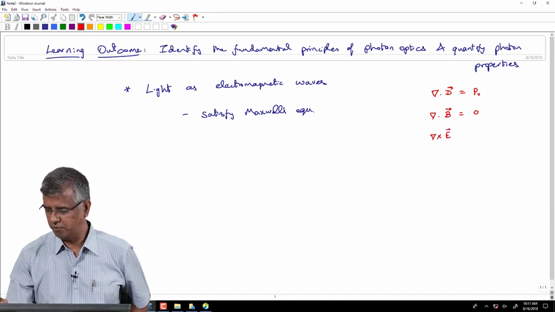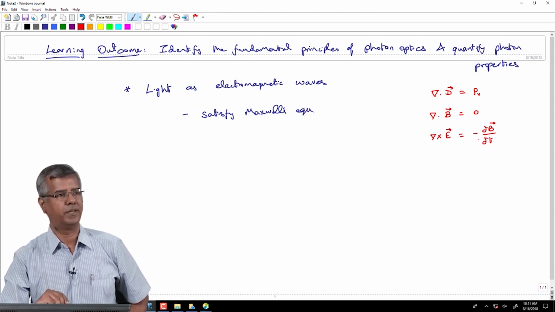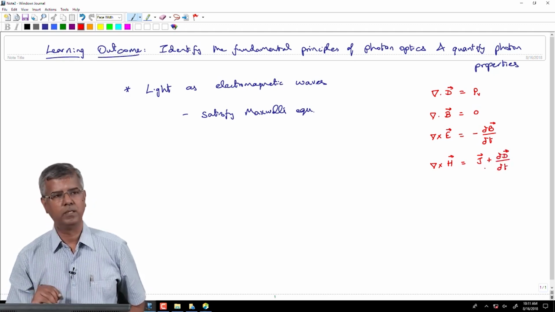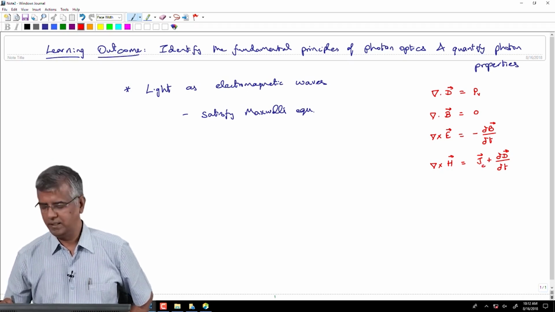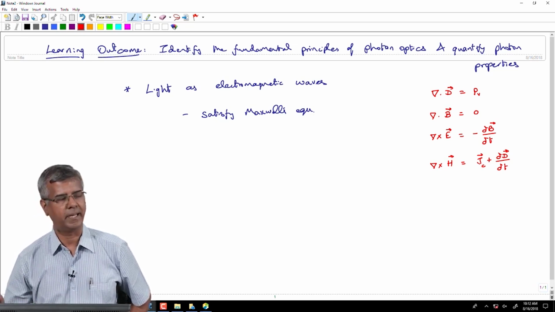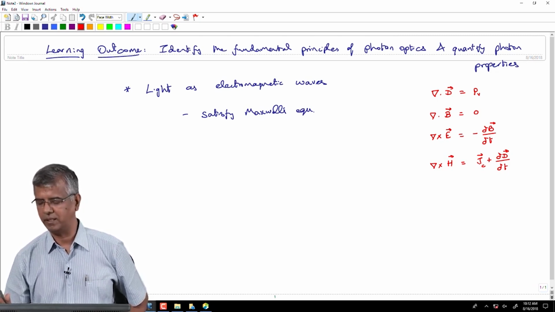Then you have your famous Faraday's law, which says that you have a circulation of an electric field whenever there is a time varying magnetic field, and then you have Ampere's law, which was modified by Maxwell to include displacement current density, because originally Ampere was looking at only from a perspective of explaining the circulation of magnetic fields through a current carrying conductor, but of course Maxwell completed this picture saying that it could actually be through a displacement current as well, right.